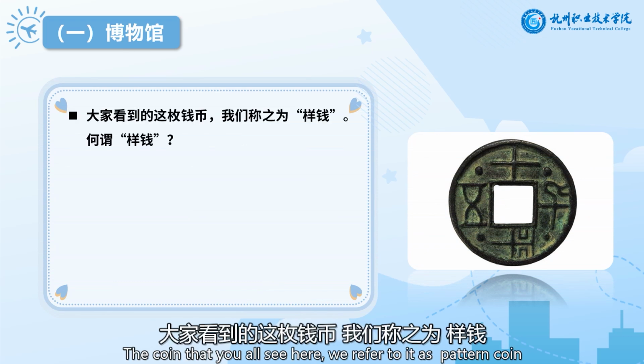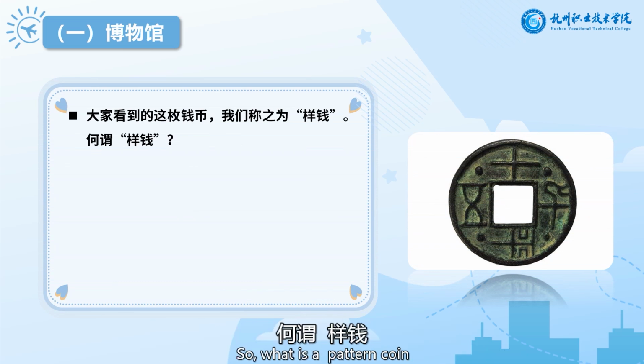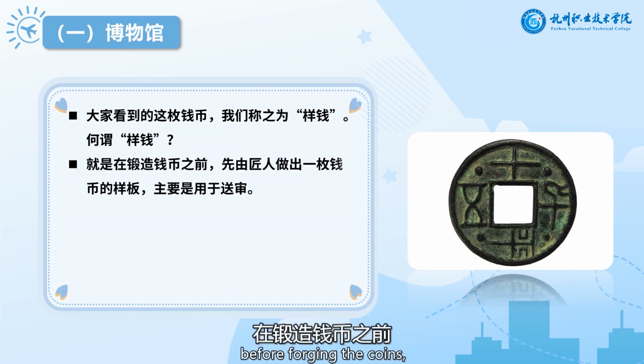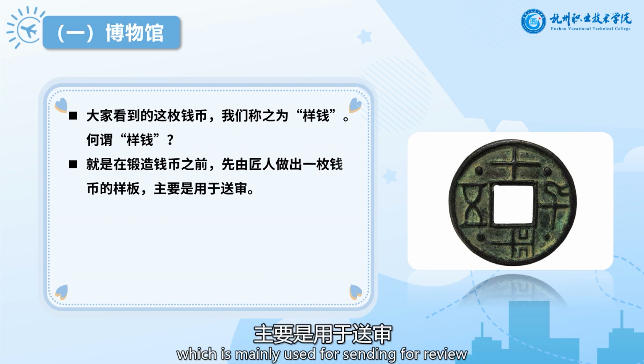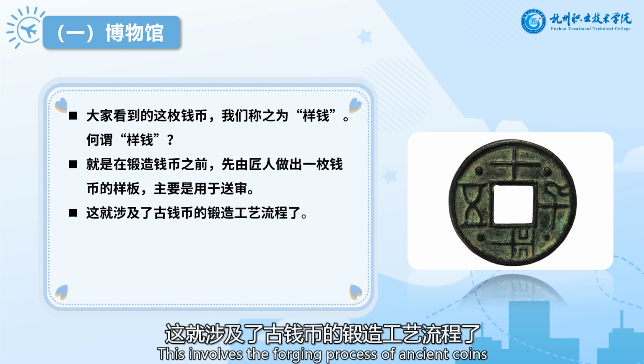The coin that you all see here, we refer to it as pattern coin. So, what is a pattern coin? That is to say, before forging the coins, the sample of a coin would be made by the craftsman first, which is mainly used for sending for review. This involves the forging process of Asian coins.